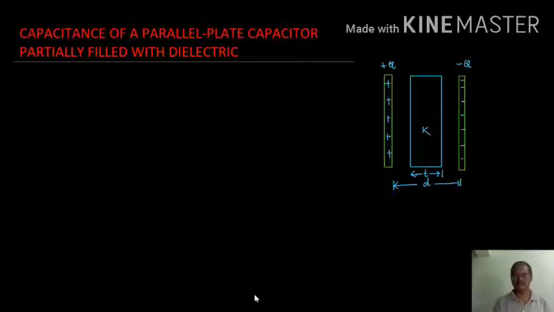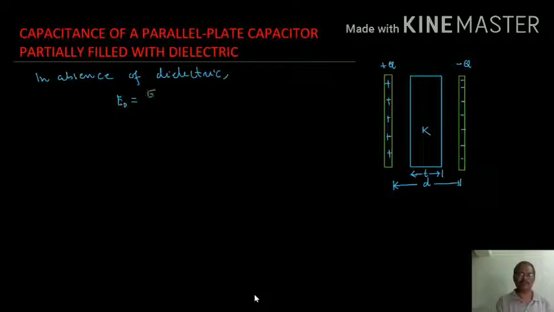In the absence of dielectric, the electric field between the two plates of the capacitor is given by E0 equal to sigma by epsilon 0.